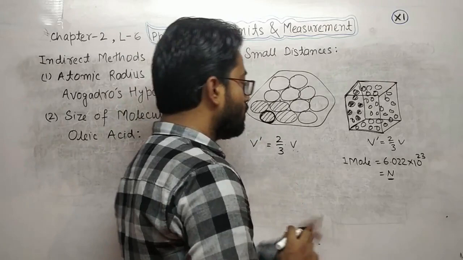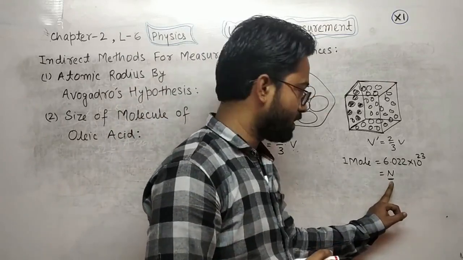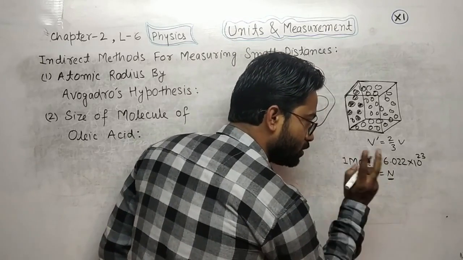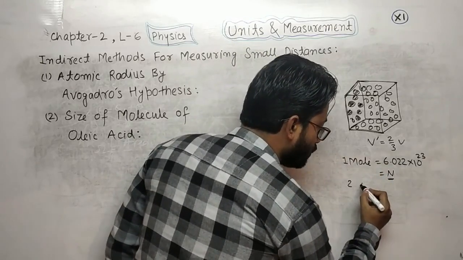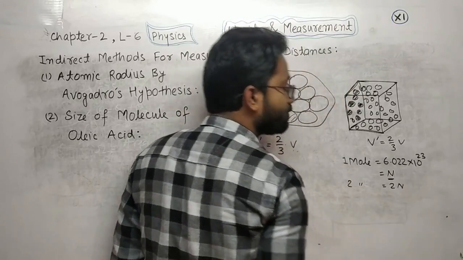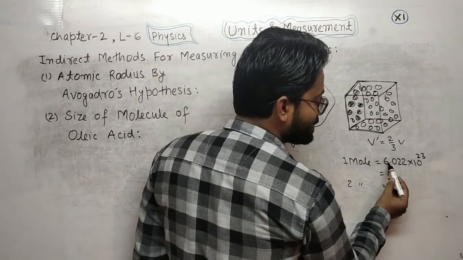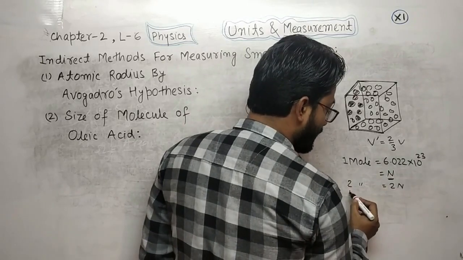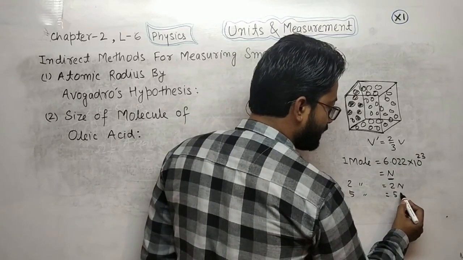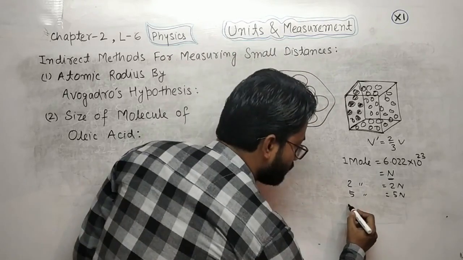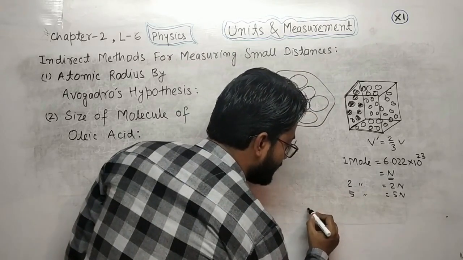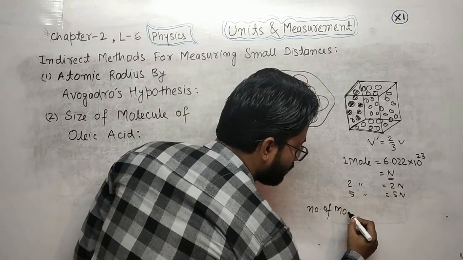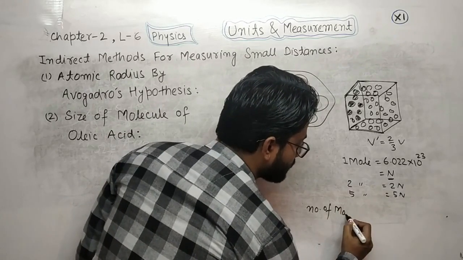If 1 mole contains N atoms, 2 moles will contain 2N, that is 2 into 6.022 into 10 to the power 23. 5 moles contain 5N.